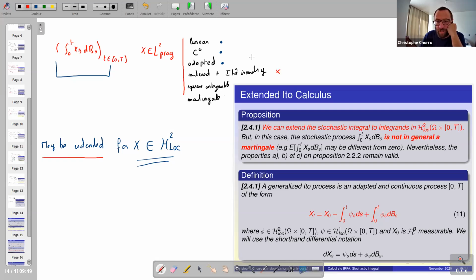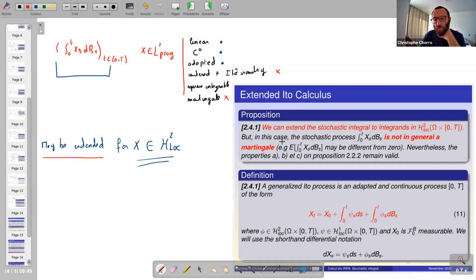I won't fulfill the Ito isometry, and I won't be a square integrable martingale. So I have a general definition, but the price to pay is to lose a lot of properties fulfilled by the stochastic integral in the case where x belongs to L2 prog.